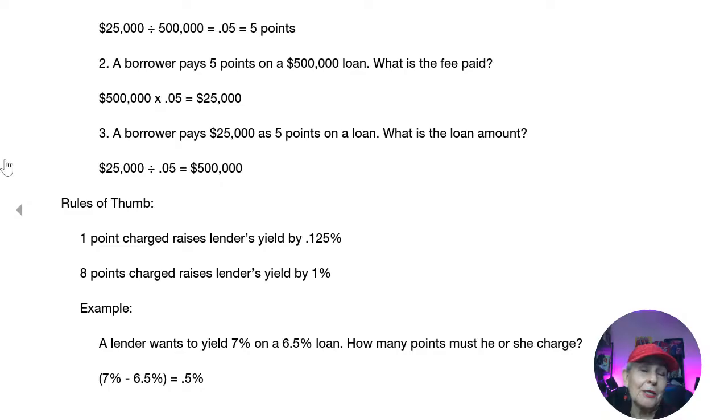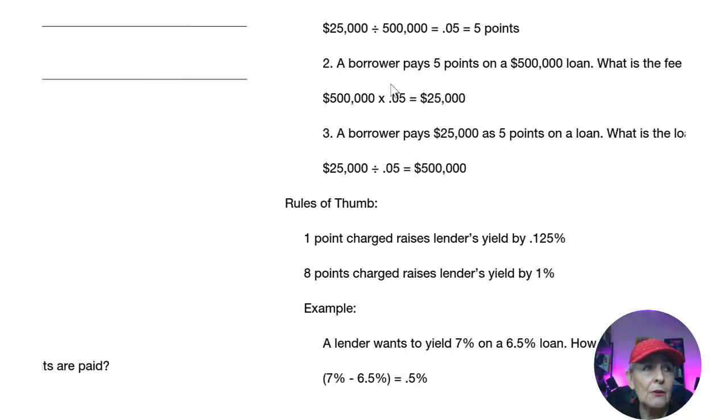You reduce the fraction to make it easier, at least I do. 25,000 divided by 500,000 equals 0.05, which equals 5 points. That's a lot of points. So a borrower pays 5 points on a $500,000 loan.